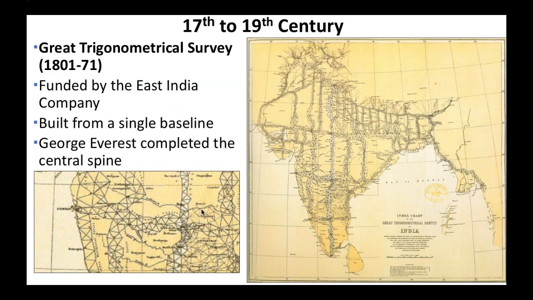And this is a survey map, basically a map that is trying to measure distances accurately as well as areas. It was completed by George Everest, especially the central spine, which goes from southern India all the way to the Himalayan mountain range. And this was one of the most scientifically well-designed maps for the period.